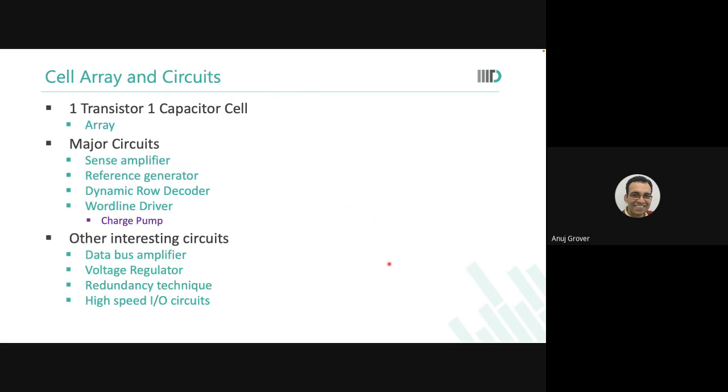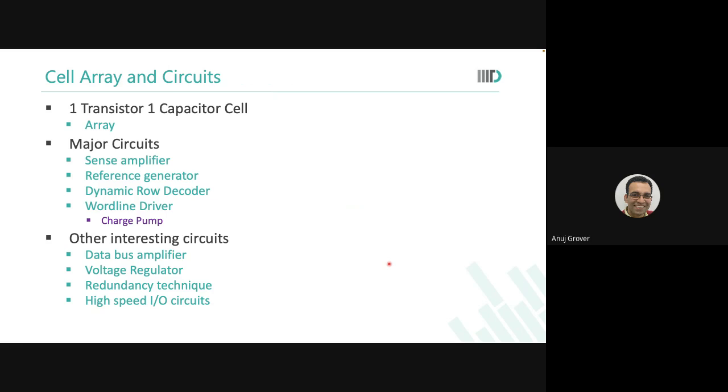And now we go into designing the DRAM array. So in a DRAM, just like any other memory, you have an array of memory cells. You also have sense amplifiers, you also have row decoders, you also have muxes.